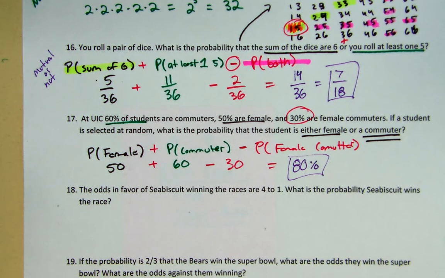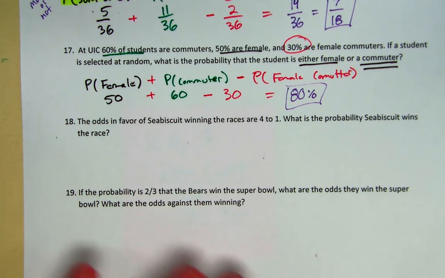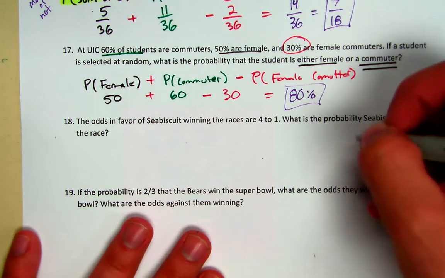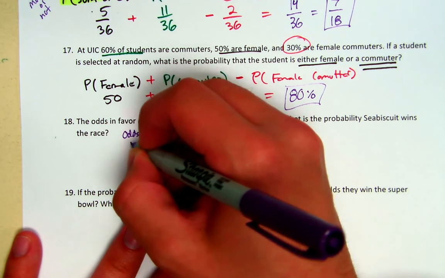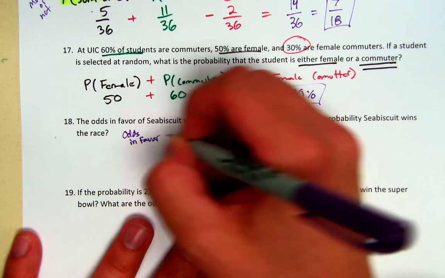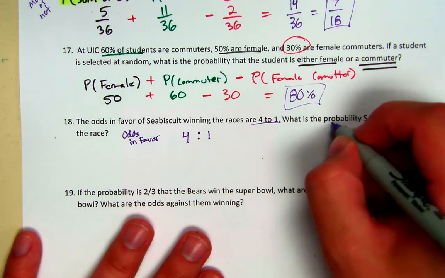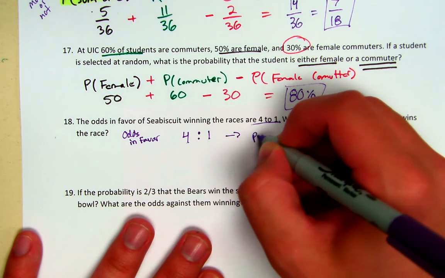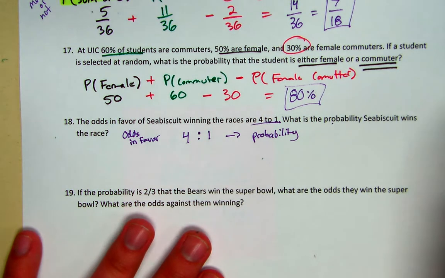Alright? And moving on, we have two more problems here. We have odds. The odds in favor of Seabiscuit winning are 4 to 1. Now we have to convert this to probability. Well, how do you do that?